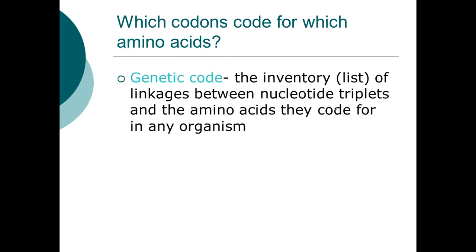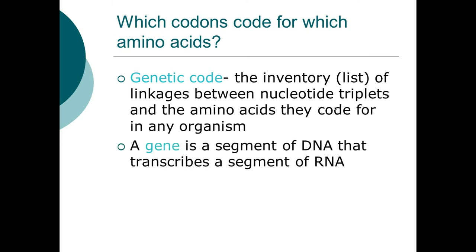The genetic code, I know this is another question on your assignment. The genetic code is the inventory or the list of linkages between nucleotide triplets, nucleotides, remember, are A's, T's, C's, and G's, and the amino acids that they code for in any organism. A gene is a segment, a piece of DNA that transcribes a segment of RNA.